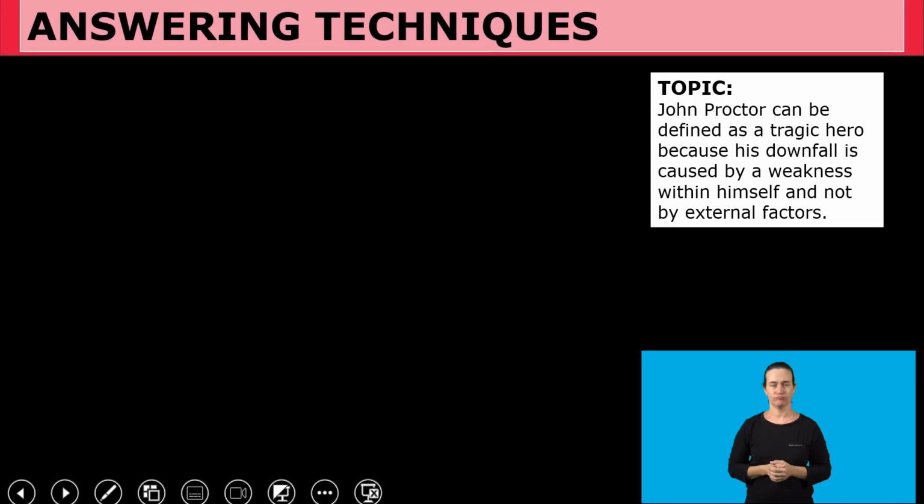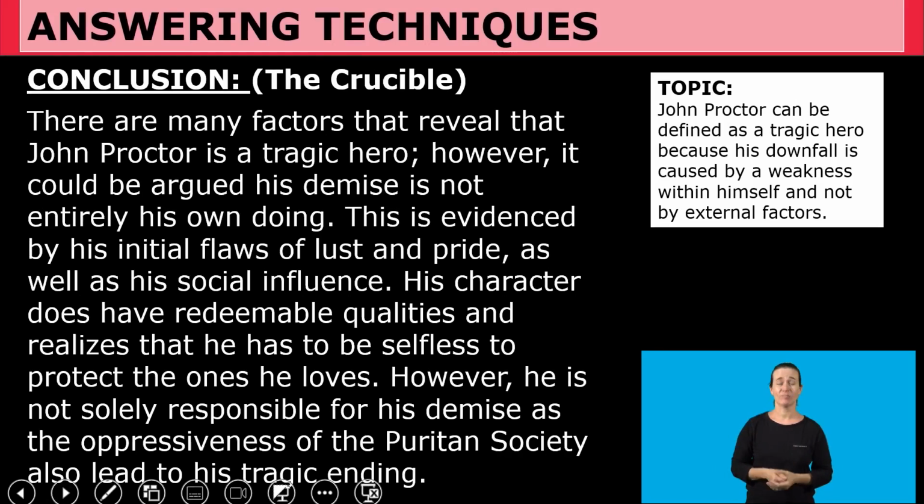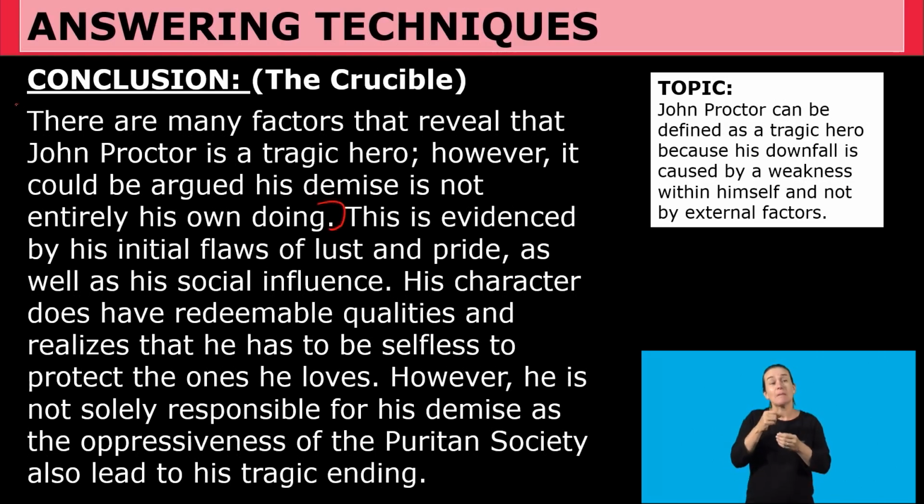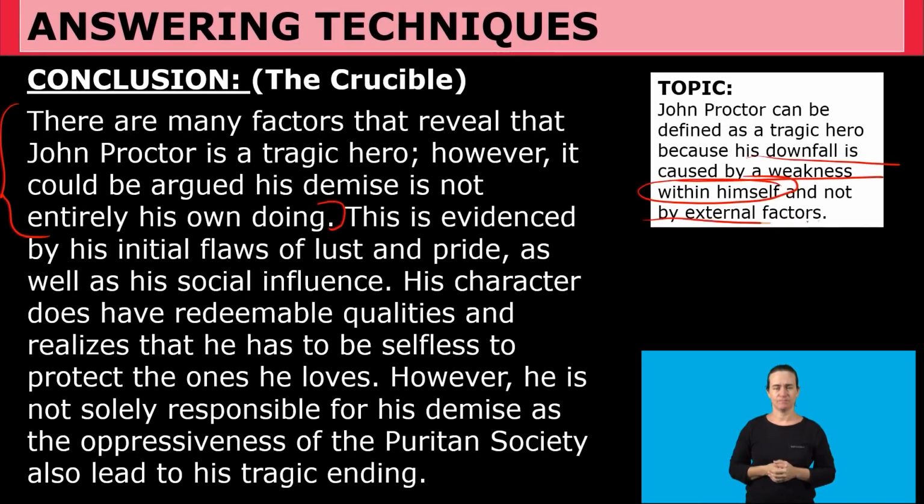Now, how will we write our conclusion? There are many factors that reveal that John Proctor is a tragic hero. However, it could be argued his demise is not entirely his own doing. So once again, we are only partially agreeing with this statement that his downfall is caused by a weakness within himself and not by external factors.